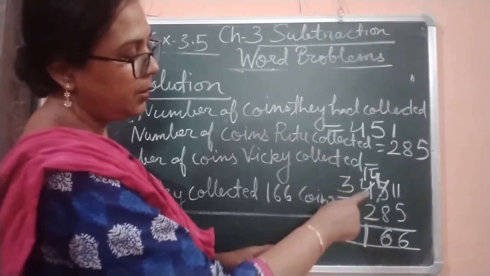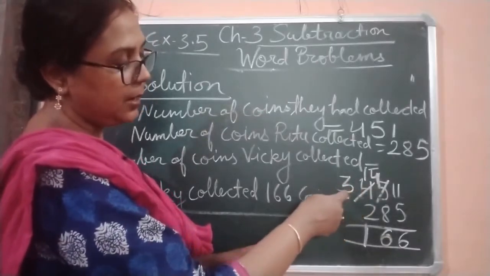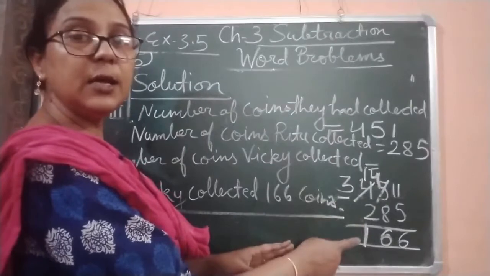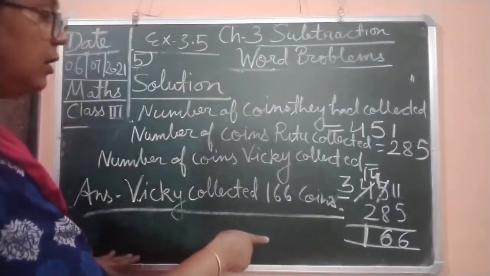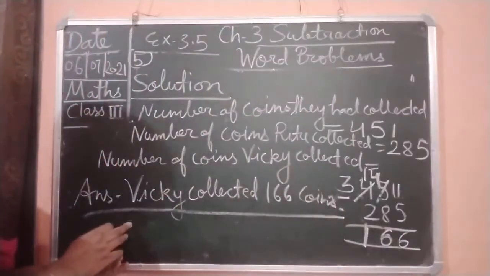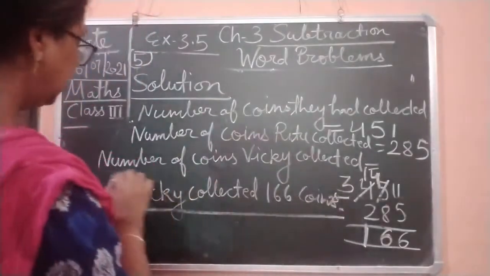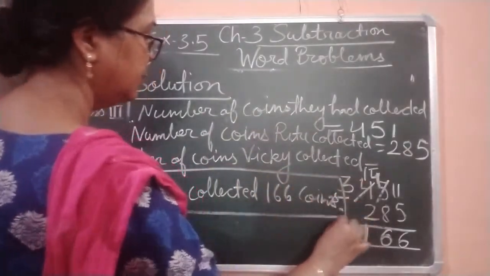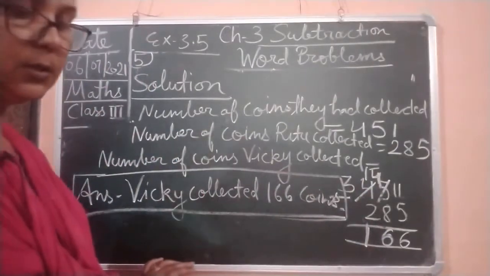Because the 400 has given 1, it will become 3. 3 minus 2 is 1. That is how we will get 166. So Vicky collected 166 coins. This is the answer. Write it down in your copy and complete this.